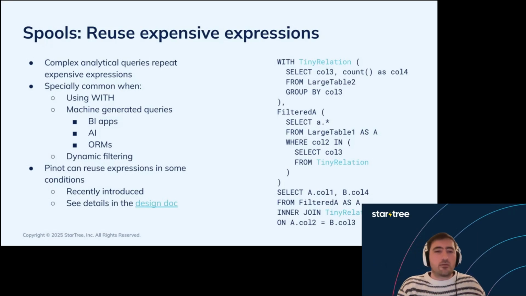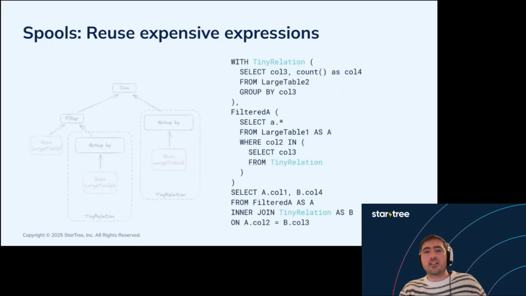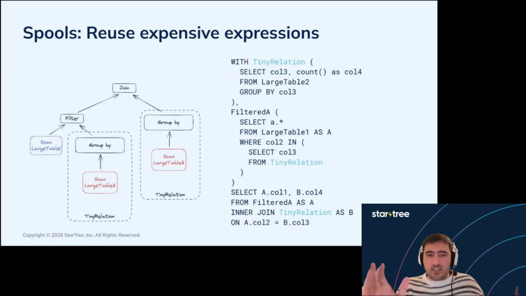The queries we are executing usually are like 400 lines of code, and they are repeating a lot of structures. Therefore, we don't want to evaluate that code several times, and spools are a tool we have to run these expressions only once.